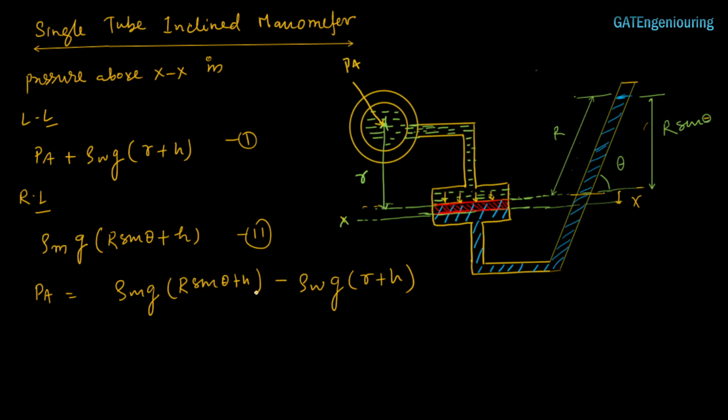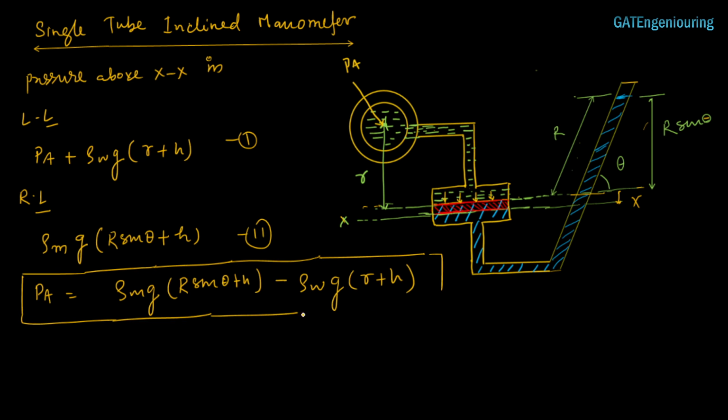We already know the relationship between h and r, so that can be applied here also. This is the final equation, by the way. The area relationship between the container and the limb is of the order of A upon a is 100, which is a generalization.